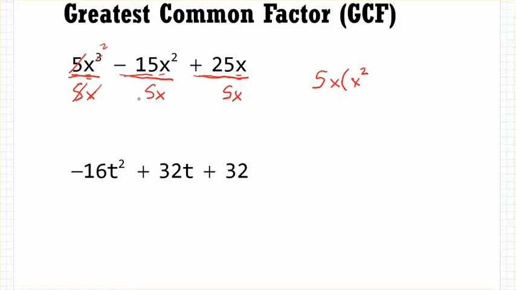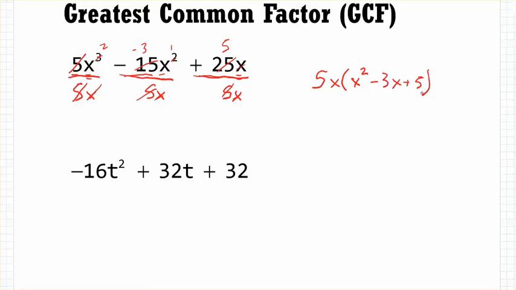In the next one, we have 5 and 15, so we have minus 3. We can cancel out the x, and we're left with just simply x. So this will be a minus 3x. And in the last one, 5 and the 25, that gives us 5, and the x's cancel out. So it'll be plus 5.